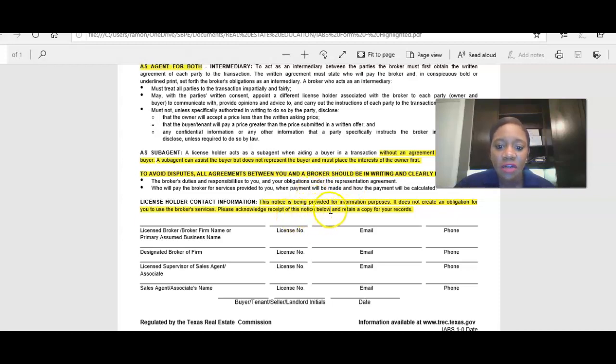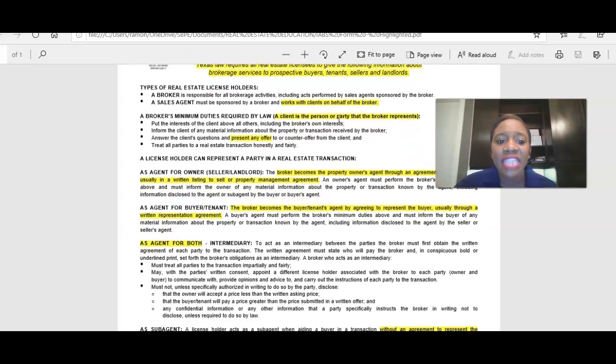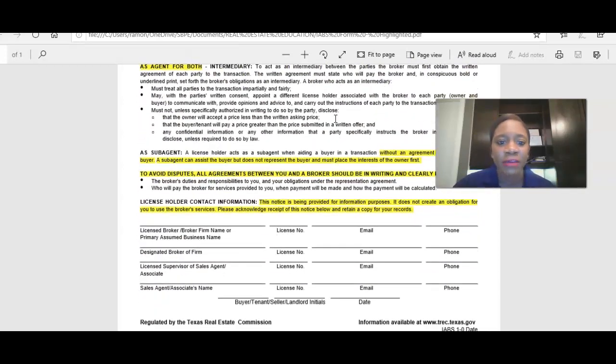And then it says this notice is being provided for information purposes. This does not create an obligation for you to use the broker's services. Please acknowledge receipt of this notice below to retain a copy for your records. So just because you sign the information about brokerage services does not mean that it is a legal contract with that broker or real estate agent. This does not mean they're representing you.